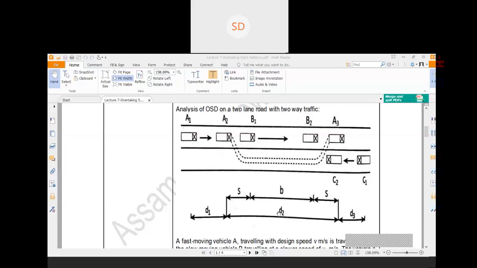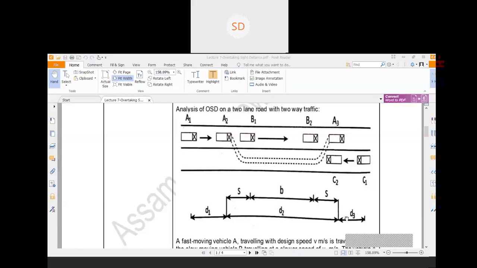Now another thing, that d2 distance is again the distance covered by vehicle A from A2 to A3. So you just use the distance formula, that is d2 would be Vb into T plus half a T square. After that you equate both these things and you will get to know what is capital T, that is the time taken for this overtaking operation.